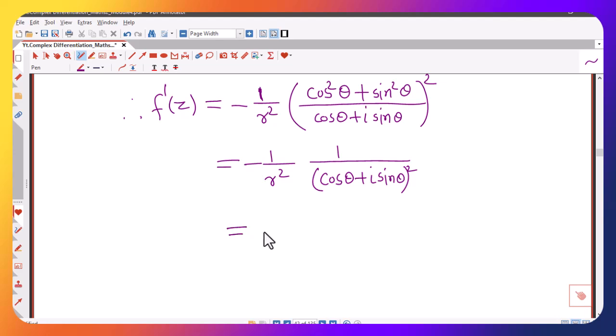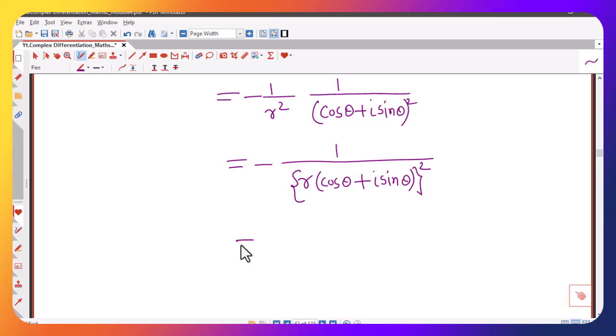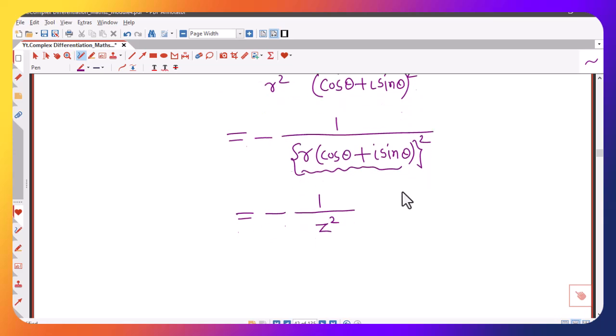And if you notice, again we can combine these two. This I can rewrite as r times cos theta plus I sin theta and square of this quantity. And if you recall, this is nothing but our z. We started by taking z equal to r into cos theta plus I sin theta.